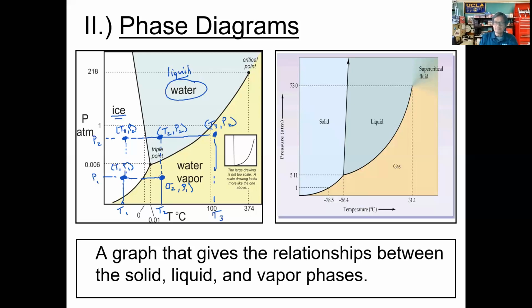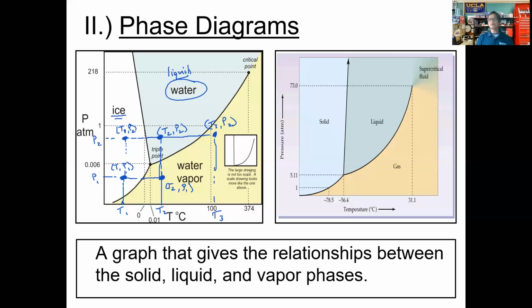But if you notice, as we increase the pressure up here, the temperature is still the same, but look what happens. The phase changes, which means that as we increase the pressure, the water vapor becomes liquid water right here. So with phase diagrams, we can change the phases not only by changing the temperature, but by changing the pressure as well.